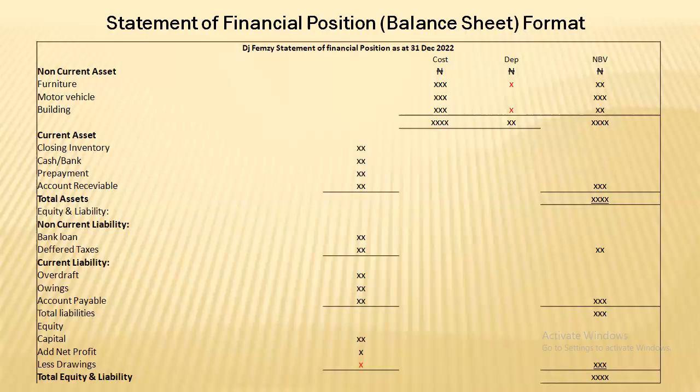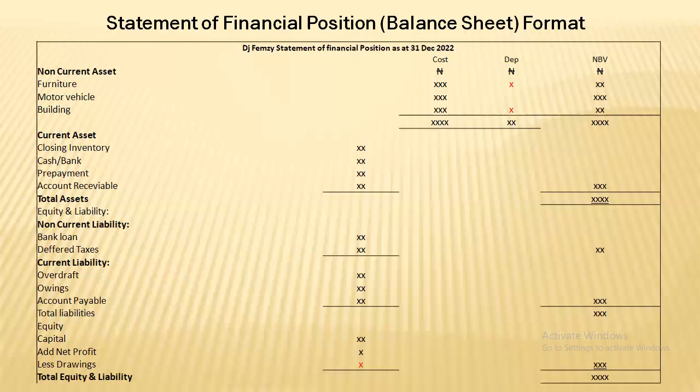All these are non-current assets. So we have them at cost. If they have depreciable value, we deduct the depreciation value. But if they don't, that means the cost will be equal to the net book value. So that at the end of the day, we have a net book value.